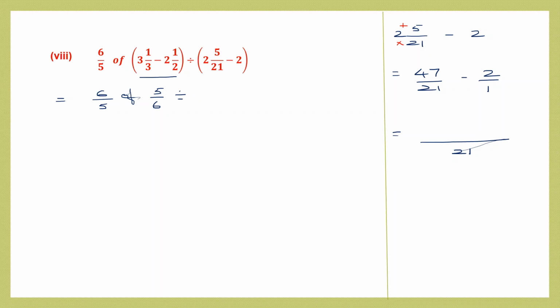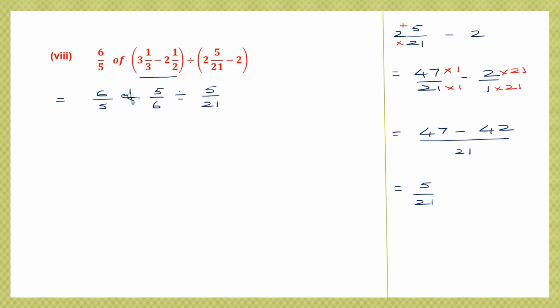So let's go to the first fraction, 21 into 1, so 47 into 1 is 47 minus, now 1 into 21. That means 2 into 21. 21 into 2 is 42. So 47 minus 42 by 21. 47 minus 42 is 5, and the denominator is 21. So that will be 5 by 21.